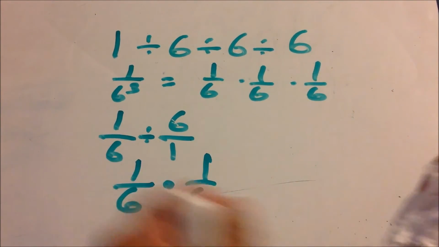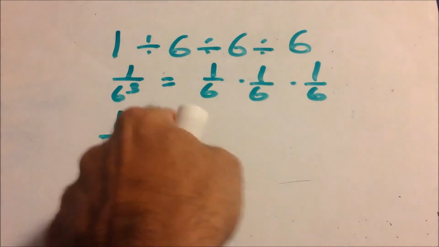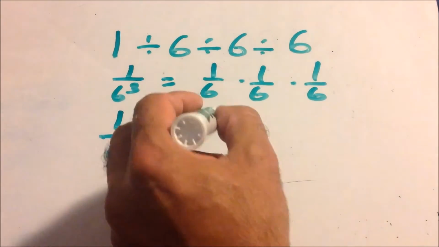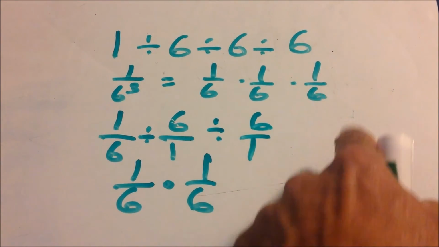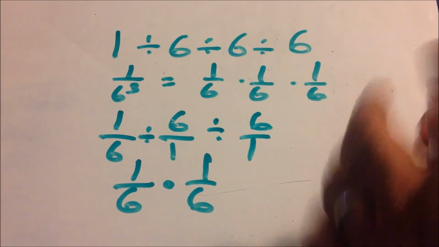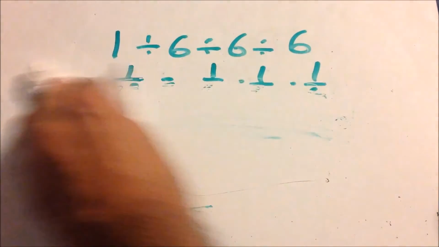So now we're looking at 1 divided by 6 divided by 6, and it keeps going, because if you do another divided by 6, you have to flip it again and you get 1/6. Just remember that the reason is that we flip, we get the reciprocal in division.